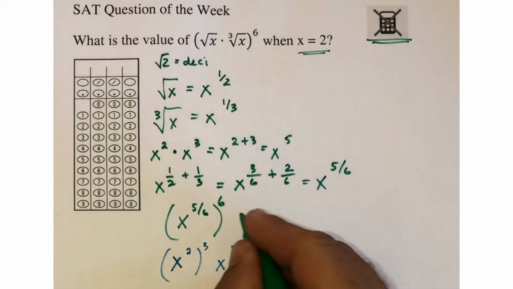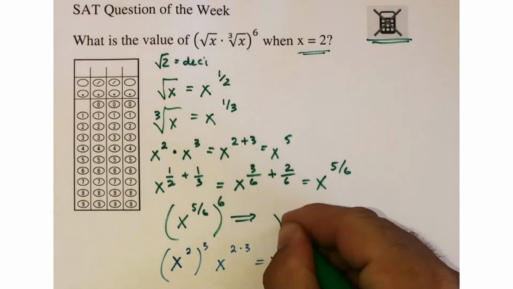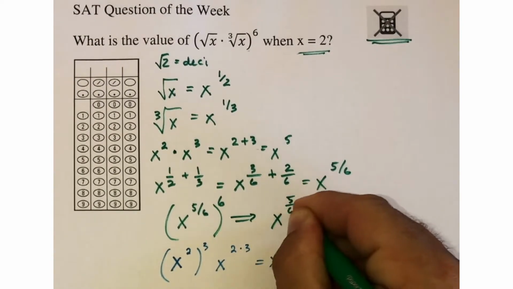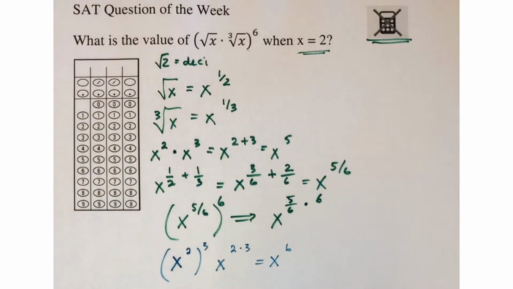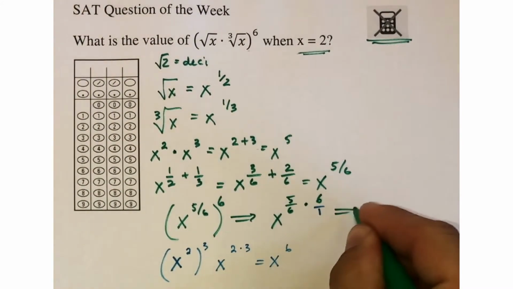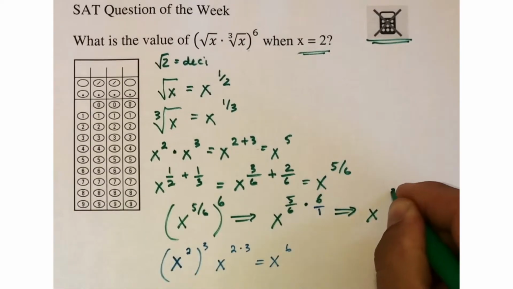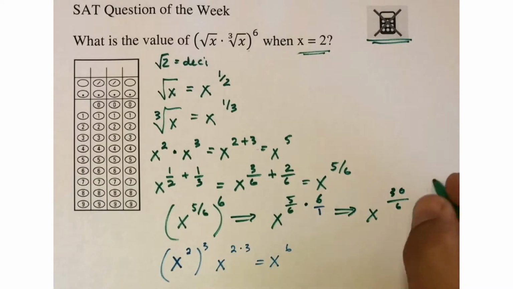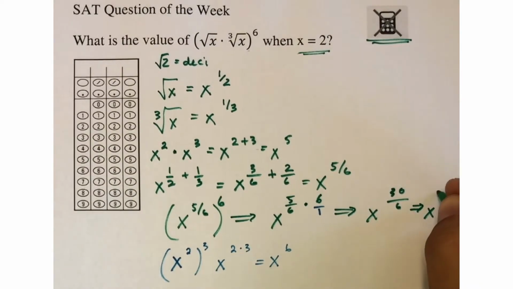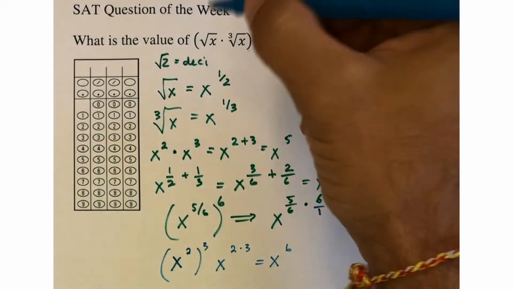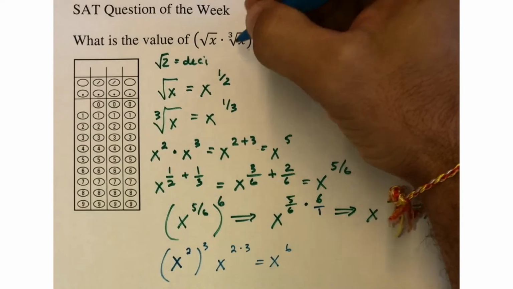So in this, technically what I'm doing is x to the 5/6 times 6, which is really 6 over 1, which could be written as x to the 30, 5 times 6, 30 over 6, which reduces to x to the 5th.